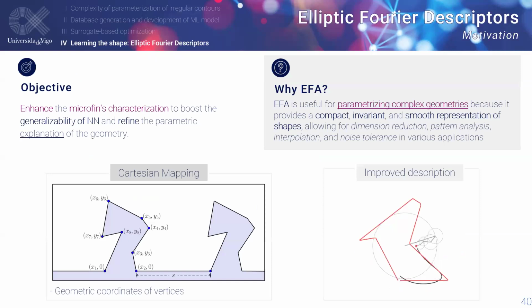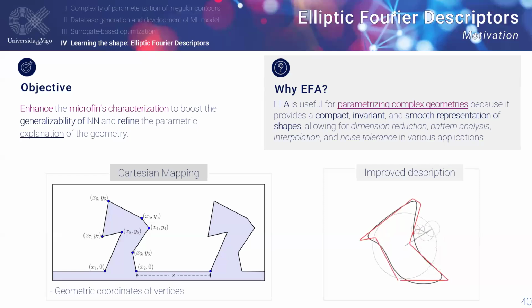So here is where we landed on this idea of using elliptic Fourier analysis to parameterize a geometry. Here you have an example of a reconstruction of one of the fins that we have in our database based on this elliptic Fourier analysis.